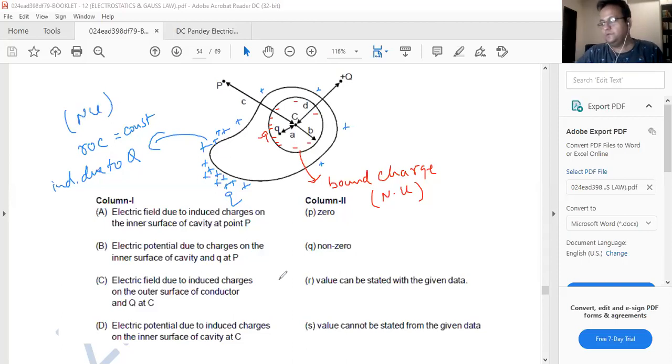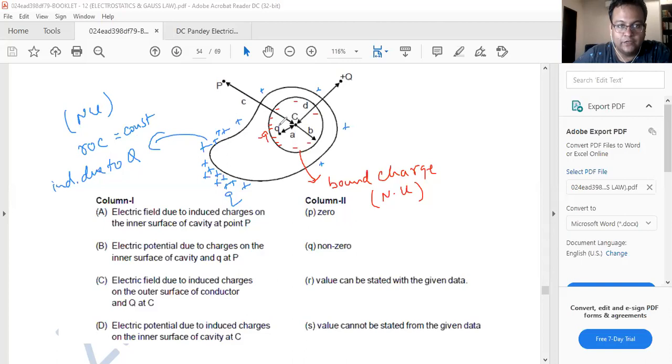Go through it please. So we have to find the electric field at point P. What is the idea? What will we write for the electric field at point P? Due to plus Q and minus Q, the electric field will add up to 0. Okay.